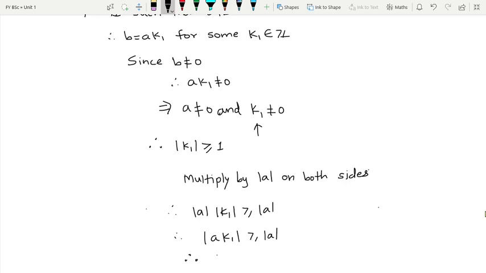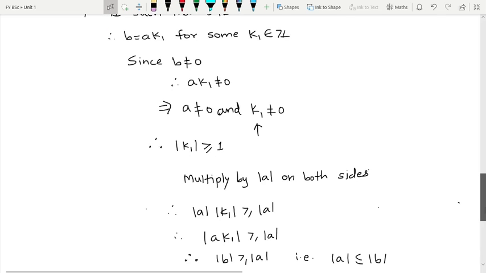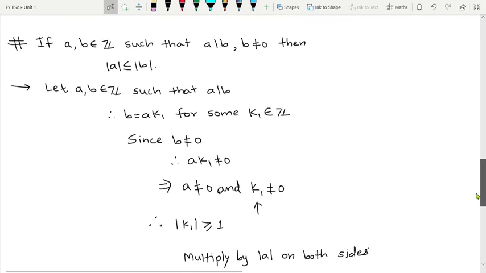Therefore mod b is greater equal mod a, and that is nothing but mod a is less equal mod b, and that is what we wanted to prove, isn't it?